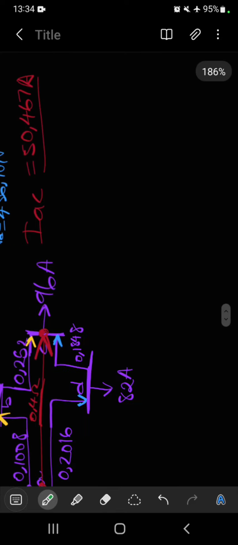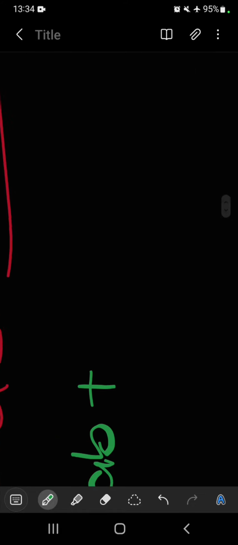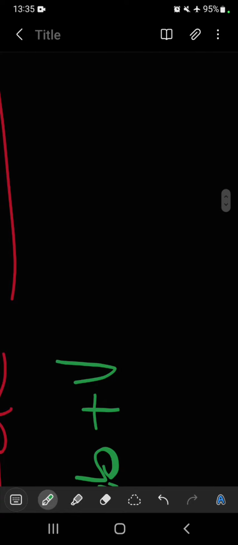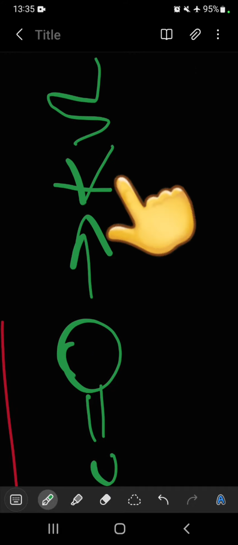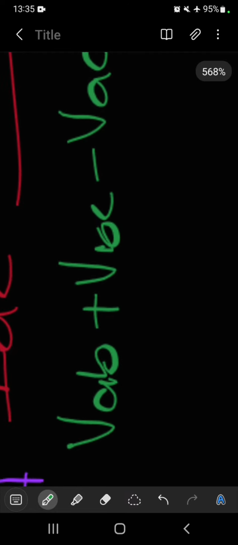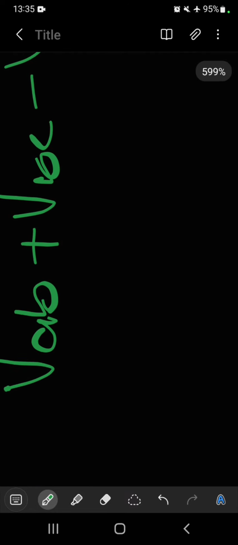So let's do exactly that. VAB plus VBC minus VAC equals 0. This is Kirchhoff's voltage law, right? So again, another trick. Okay, the same trick that we used previously.